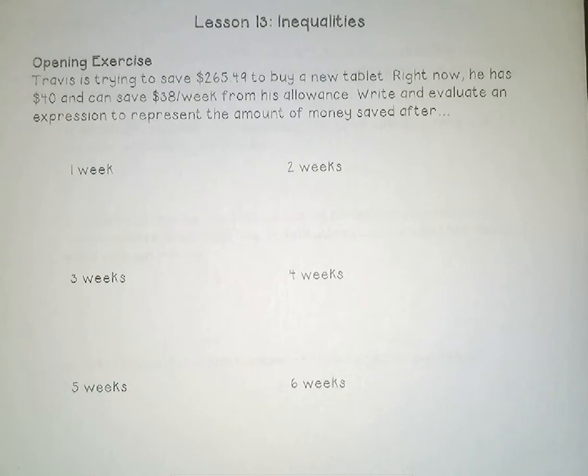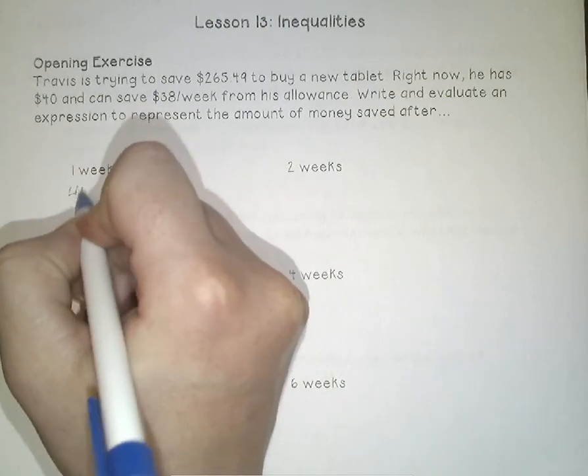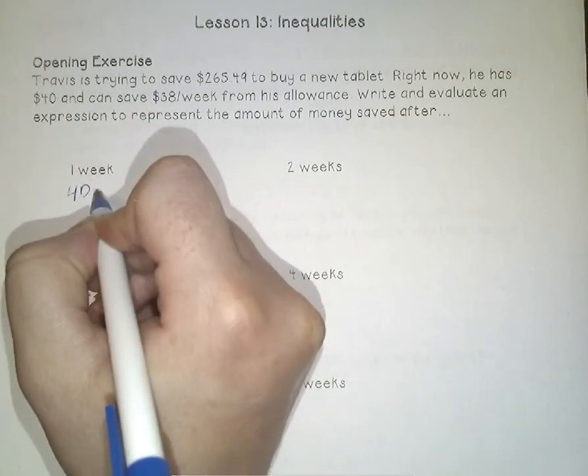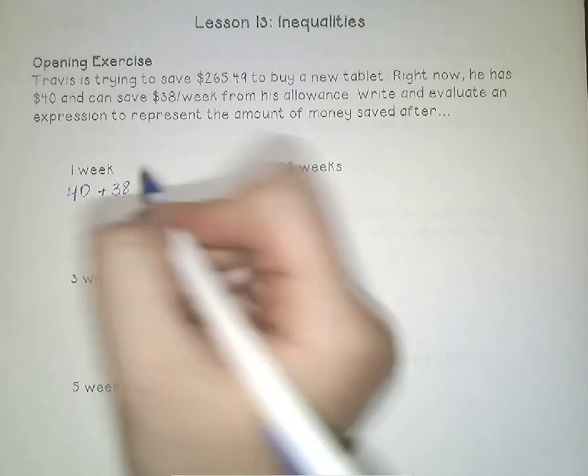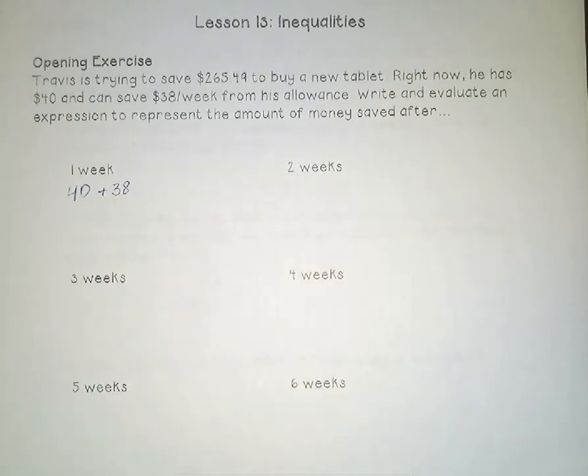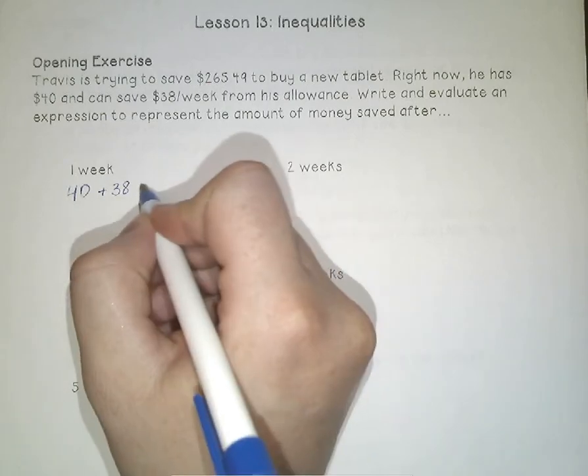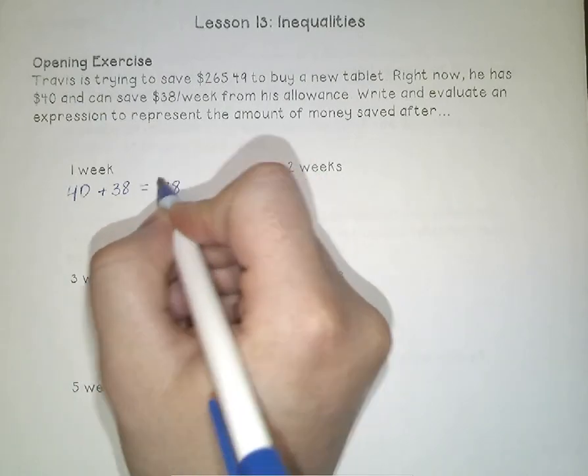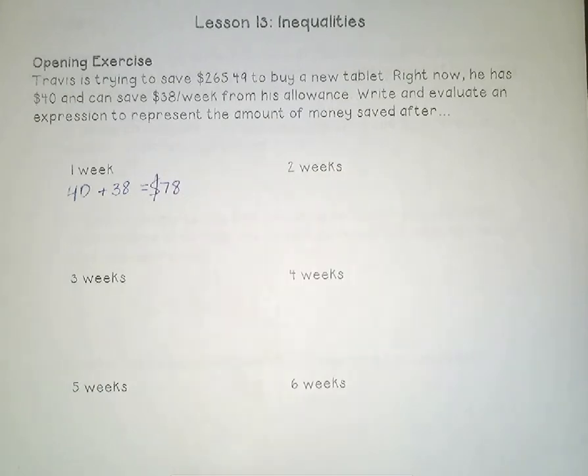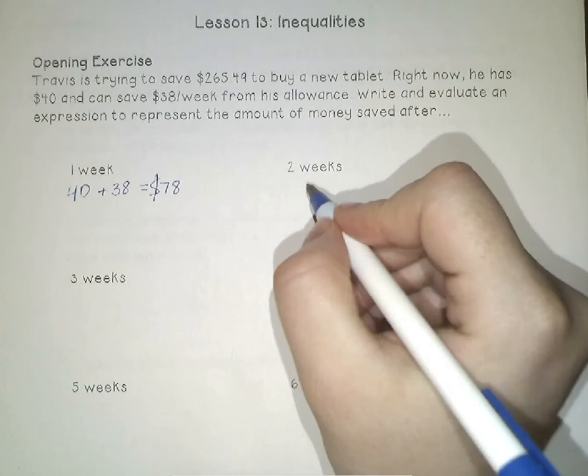Okay, so right now we know that after 1 week, he has $40 plus 38, correct? So that's his 1 week saving. If we evaluate it, it will be $78, correct?